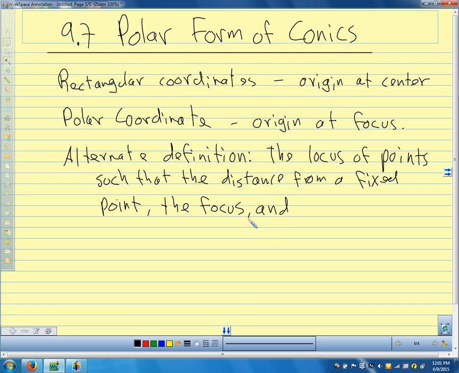and a fixed line, the directrix, is in constant ratio.